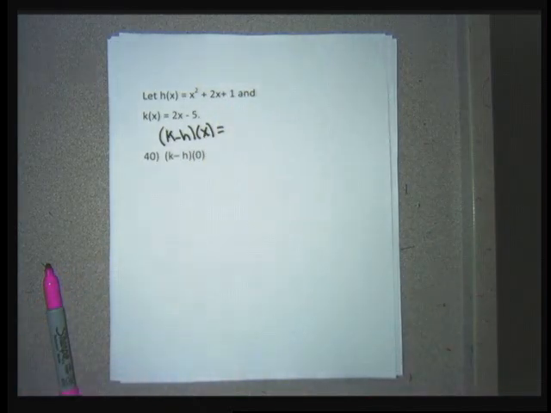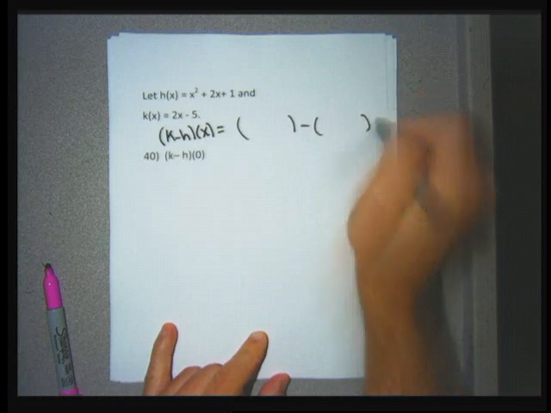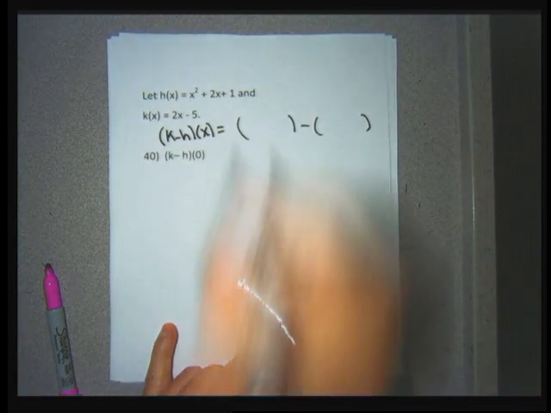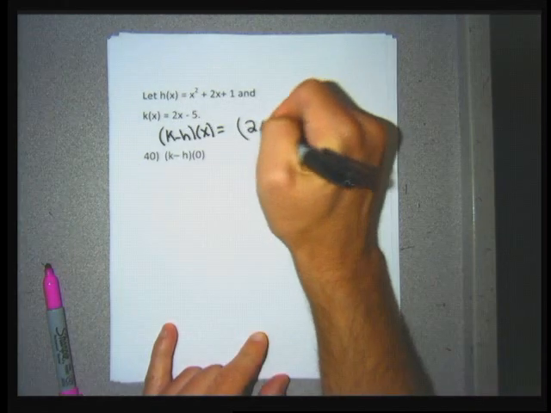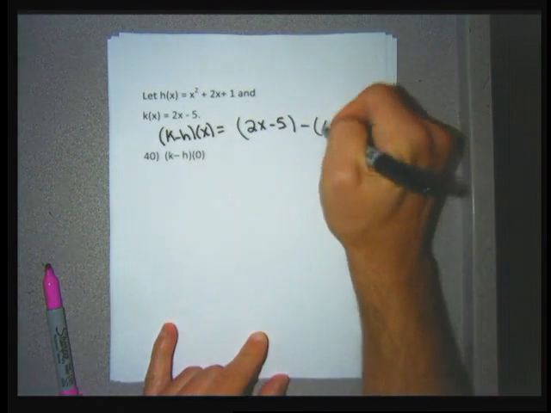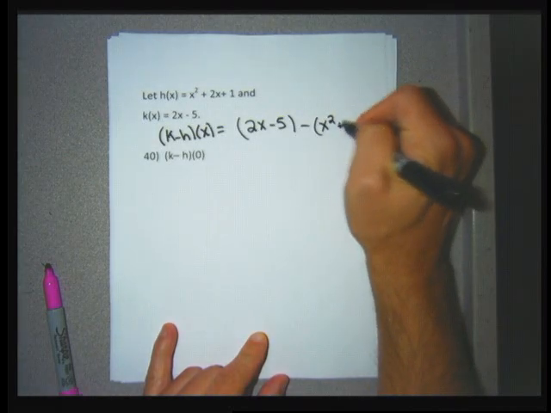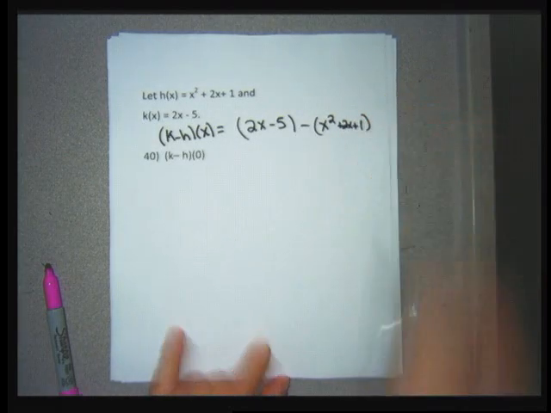So if problem 40, which wants me to find k minus h of 0, said k minus h of x, what I would do is write 2 parentheses separated by a minus sign. In the first parentheses, I'd write the right side of the k function, which is 2x minus 5. In the second parentheses, I'd write the right side of the h function, which is x squared plus 2x plus 1.